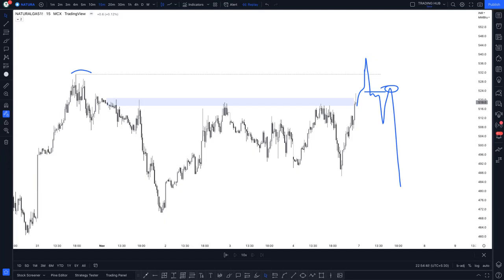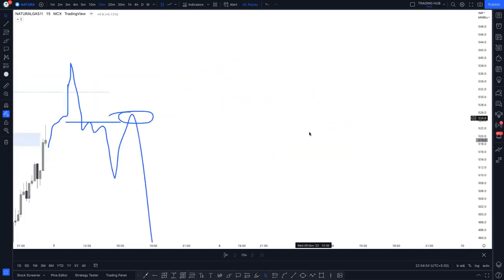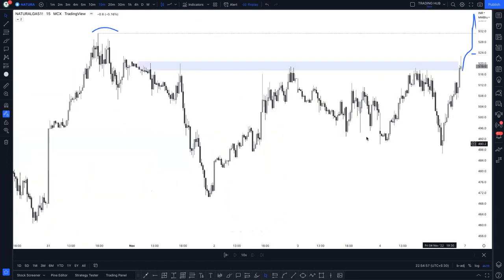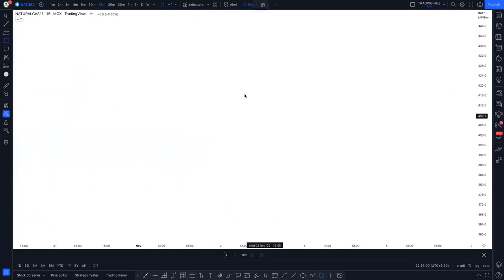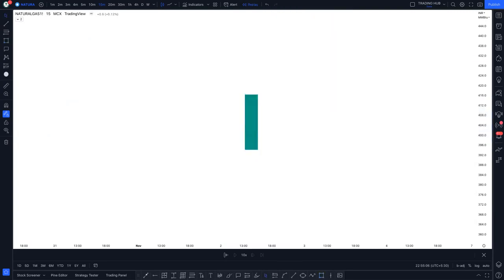Show me an example of a valid pullback. A valid pullback means, say, like here you can see this one. And for example, this one is your bullish candlestick, correct?